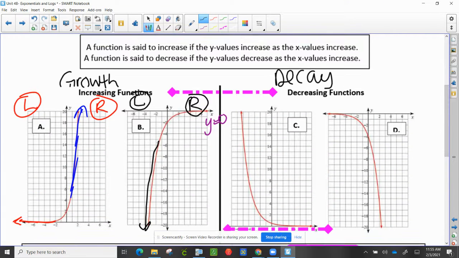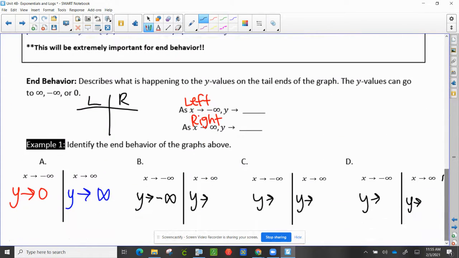As the graph moves to the right, this graph is going to kind of curve and then start to level out because it's getting close to that asymptote. So in this particular problem, the asymptote is at 0. So y would be approaching 0. And again, it's going to get really close to 0, but it's never actually going to be 0 or be anything higher than 0.